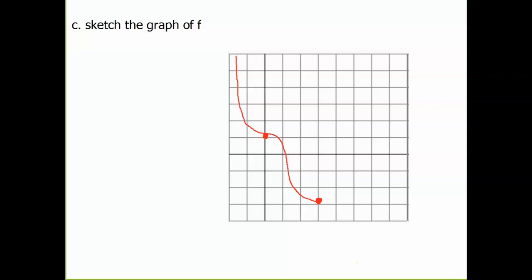And at 2 and 0, I have points of inflection. So you can see at 0, it went from concave up to concave down, and then it goes back around 2, and I could even maybe change it a little more so that it's a little more precisely at 2.